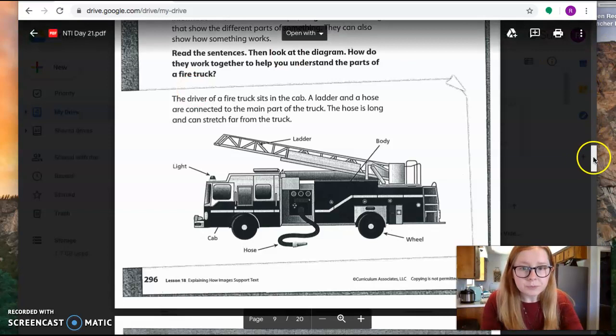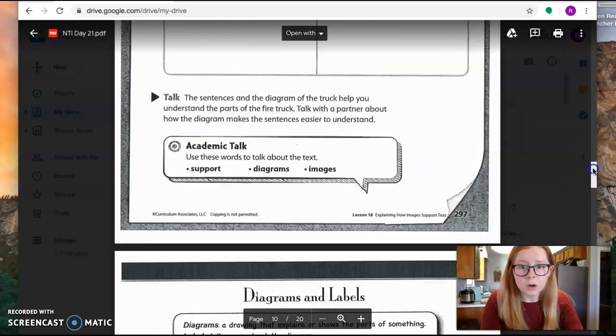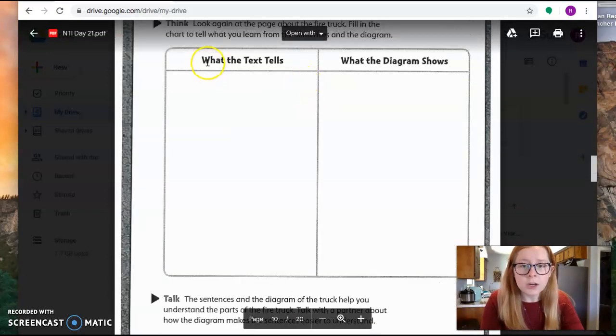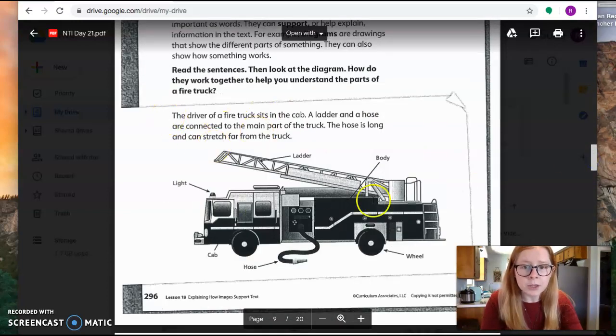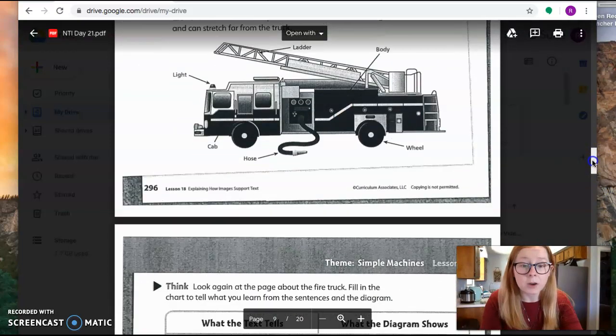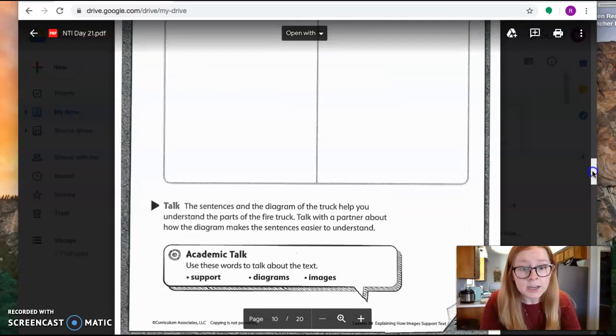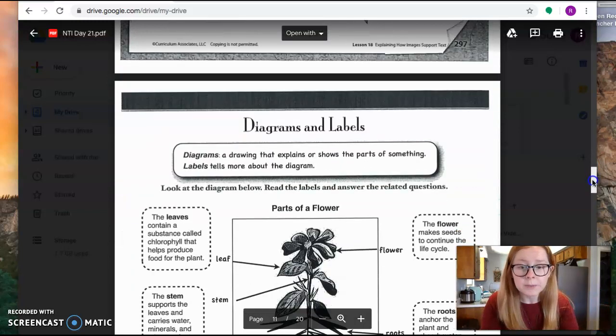So that tells us what these parts that are labeled can do or what they're used for. So when you fill out your chart, it says what the text tells you and what the diagram shows you. So what does this tell you that you can't find in the picture? And what does just the picture do for you? That's what you're going to be putting into the chart, boys and girls, and thinking about when you see these things in another book that you read.